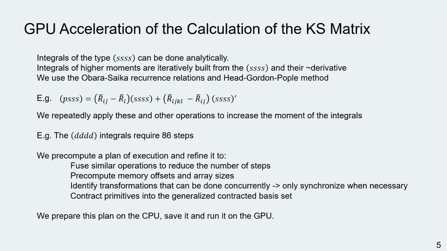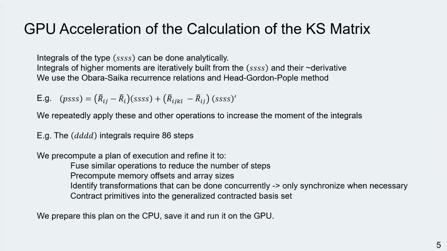So we fuse operations that are similar, that can be done at the same time, to reduce the number of steps. We can do a lot of pre-computation of things like memory offsets, sizes of arrays, a few intermediate indices and so on. So we do them once on the CPU, and then we can just read them as needed on the GPU. Of course, we identify transformations that can be done concurrently, extremely important on a GPU.